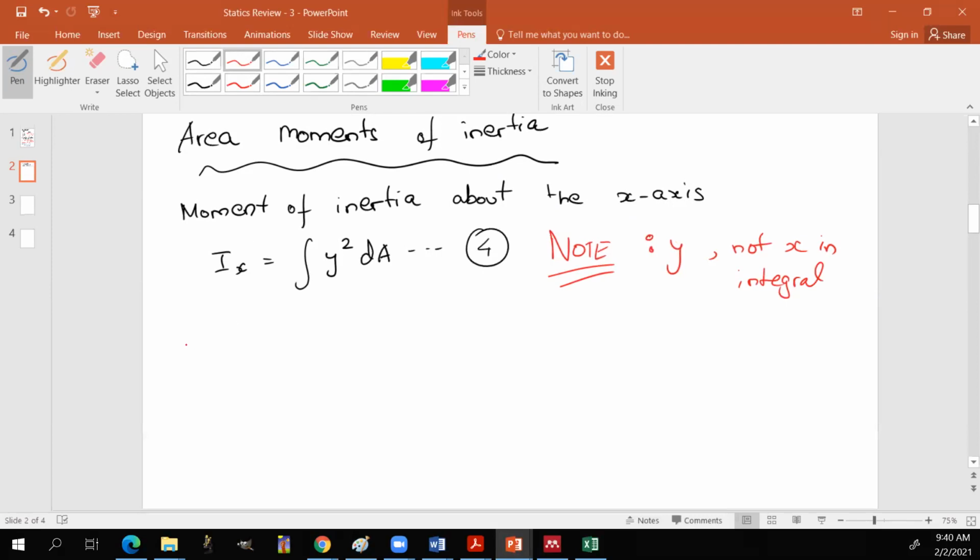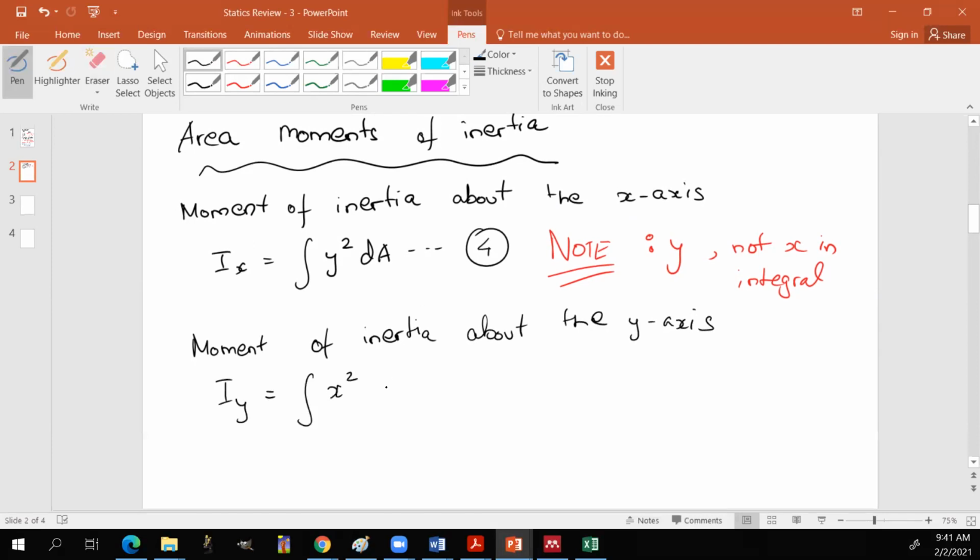All right. Similarly, you have the moment of inertia about the y-axis. You have Iy is equal to x squared times dA, right?